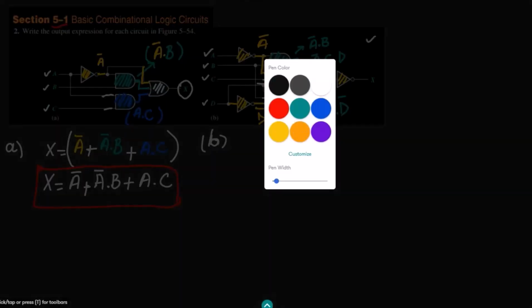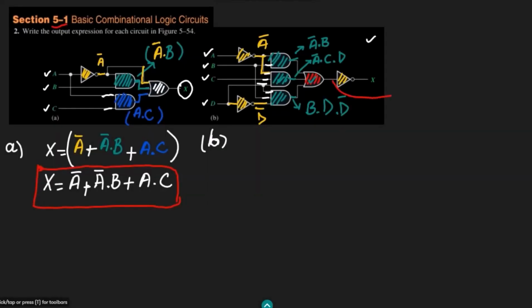So after ORing it, what would we get? Let me write it here. I will get A complement dot B plus, because three inputs are added now, A complement dot C dot D plus B dot D dot D complement. Okay, so this is the output here, and in order to find X, all of them will be complemented.